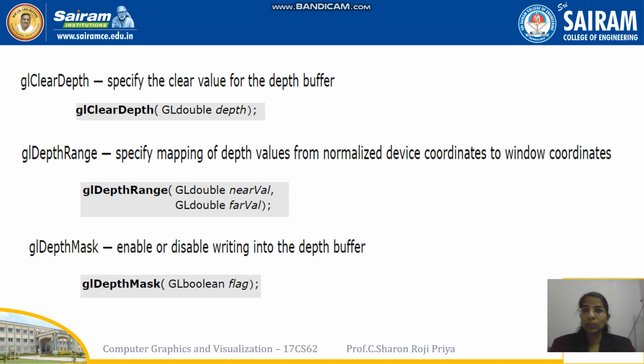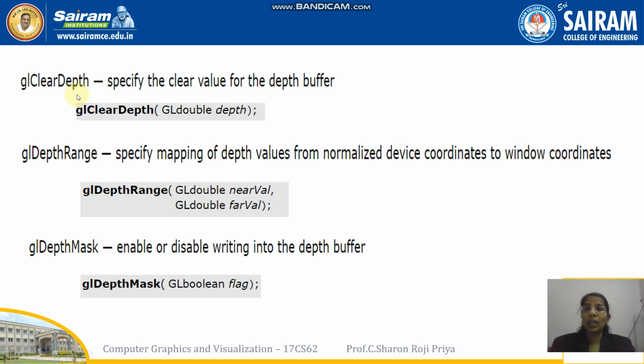And you have to use the glClear function to clear your depth buffer, right? So for the glClear function to clear the depth buffer, the maximum size of your depth should be specified using this function glClearDepth.